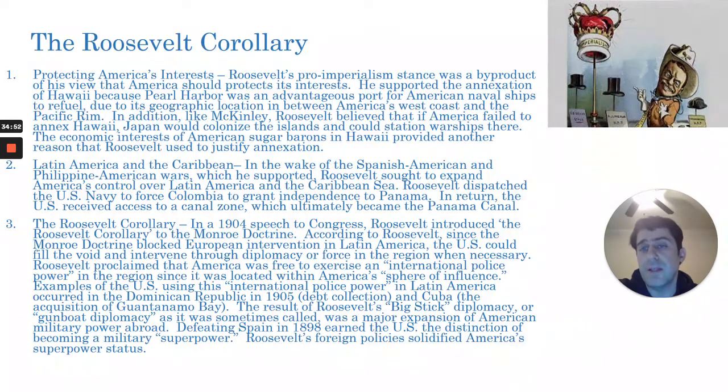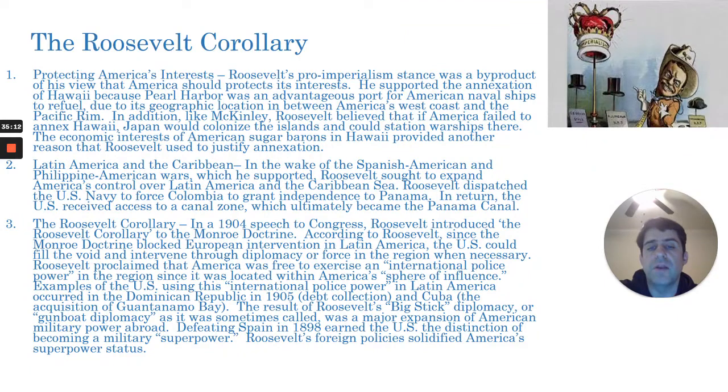That's basically how you can sum up Roosevelt's views on the annexation of Hawaii and of the acquisition of the Philippine islands and refusing to grant Philippine independence.